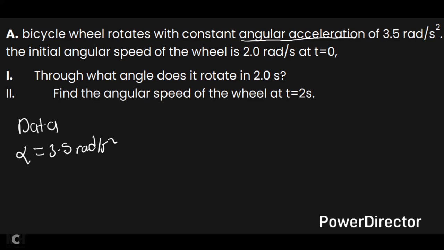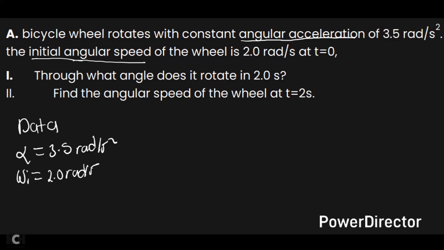What else? You have the initial angular velocity, omega initial, which is 2.0 rad per second. So these are the things that you're having.